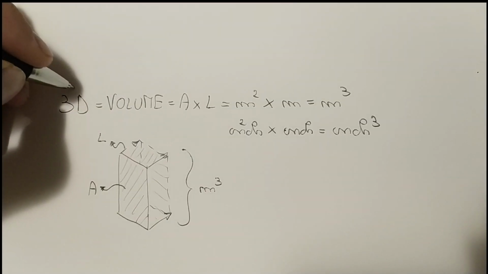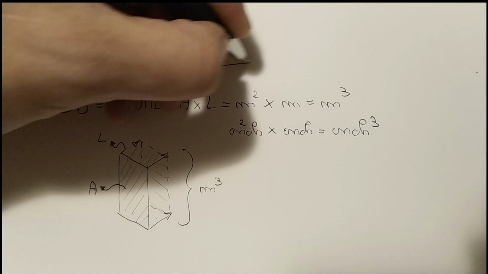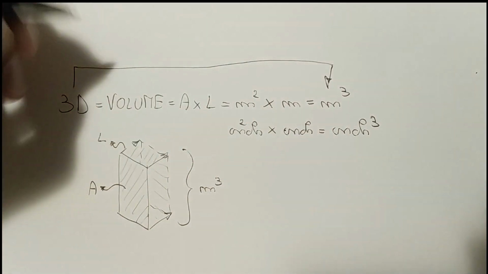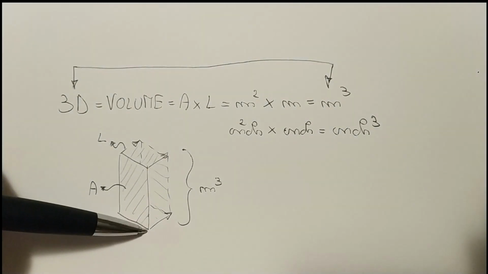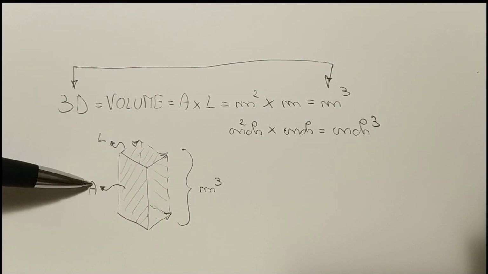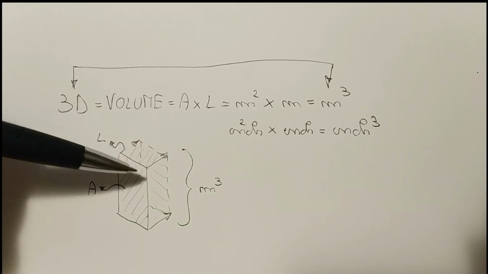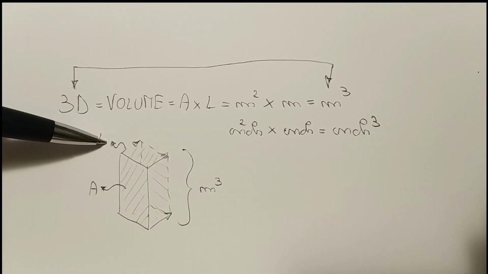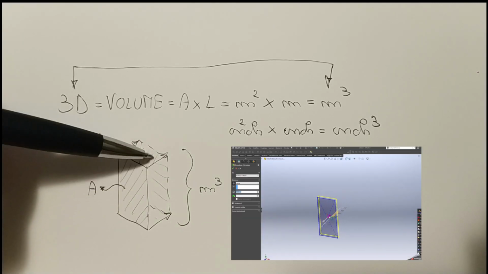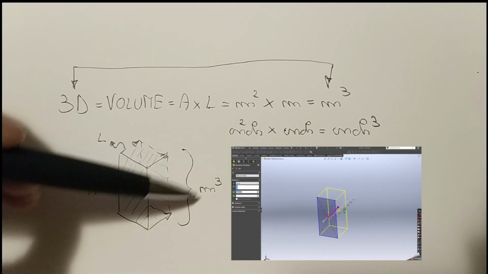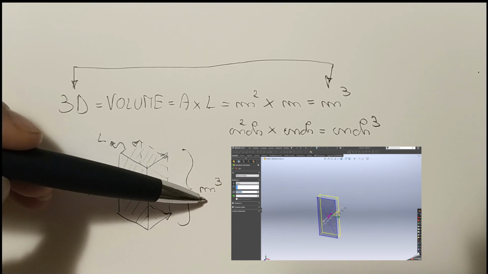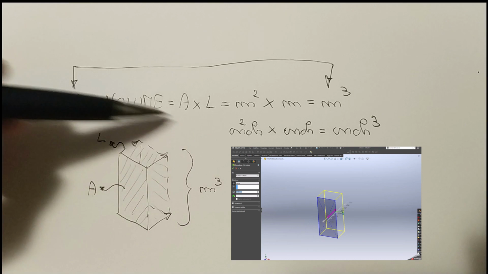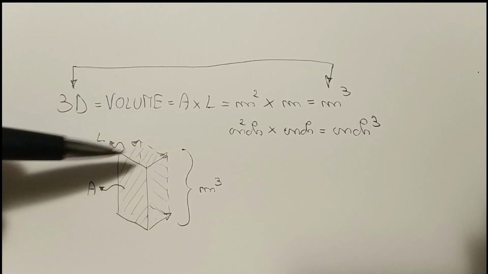And so we have right that a 3D is a volume, as you can see. You have to imagine a plane like this that has an area that is moved by this length. And this area will generate a volume, so a cubic meter or cubic inches. If you understand this, you understand all the 3D.